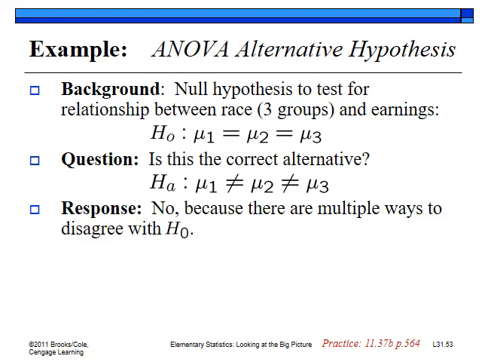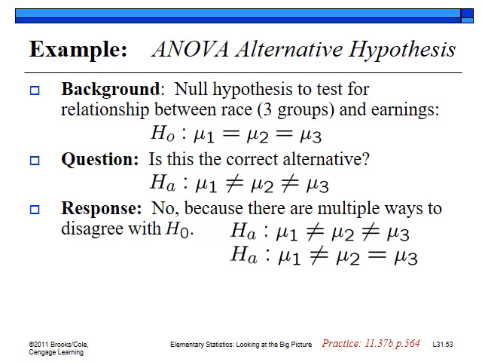Remember, the null hypothesis says that mu1 equals mu2, and mu2 equals mu3, and equivalently, mu1 equals mu3. There are three things that it's claiming. All we know when we reject that statement is that at least one of the means is different from the others.